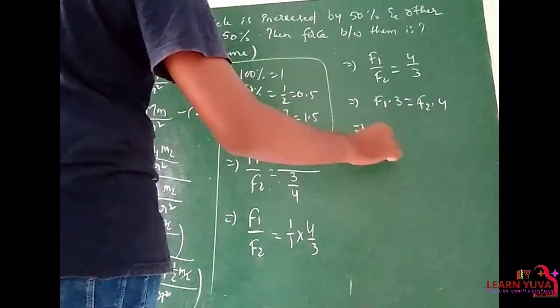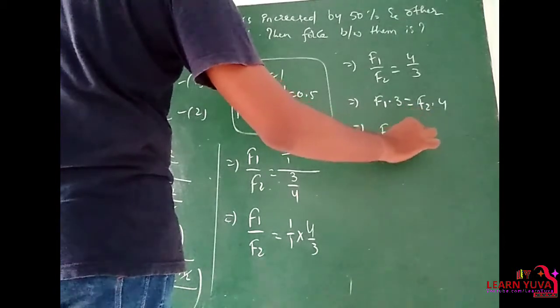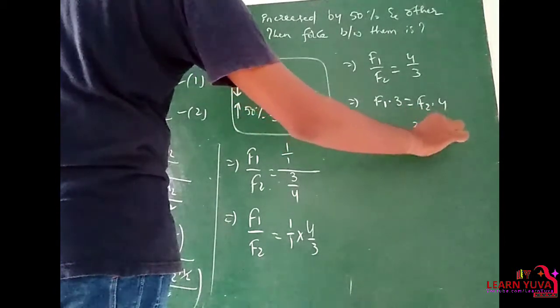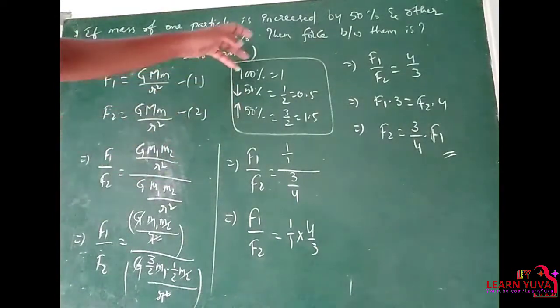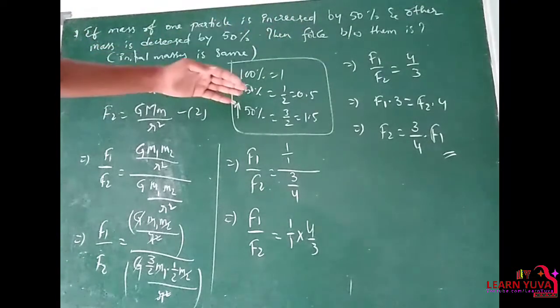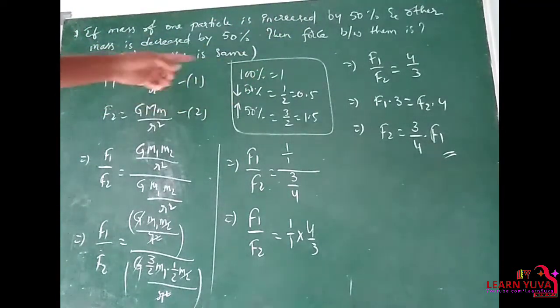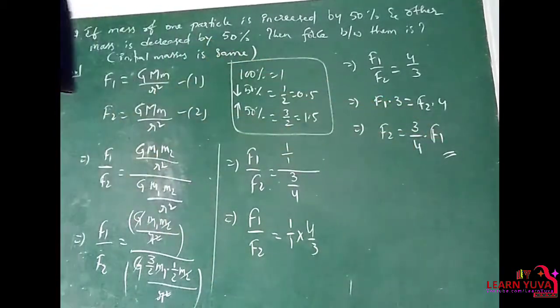That implies we need F2. So F2 is equal to 3 by 4 into F1. So by changing the masses, one mass increases by 50% and another mass decreases by 50%, then the force that acts between them is 3 by 4 times the initial force.